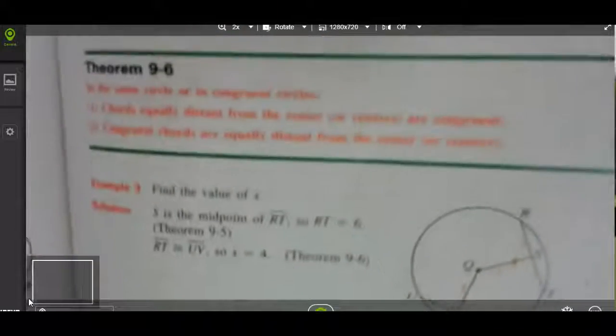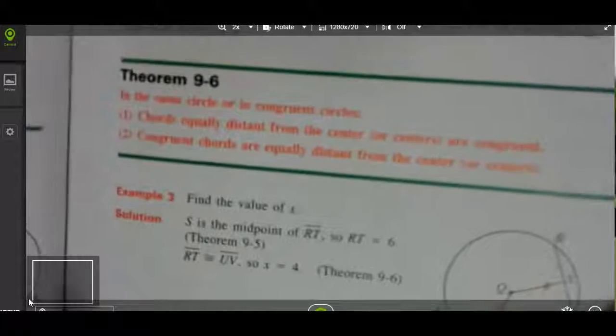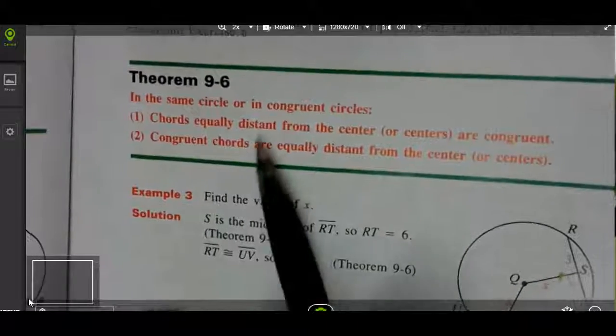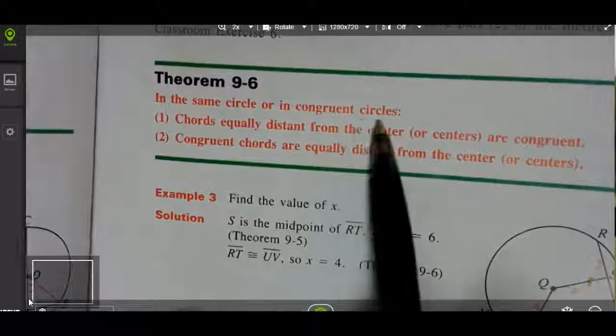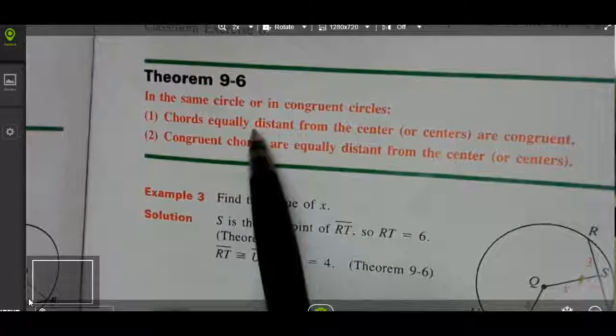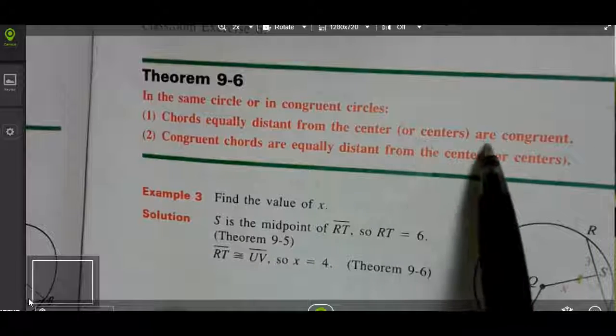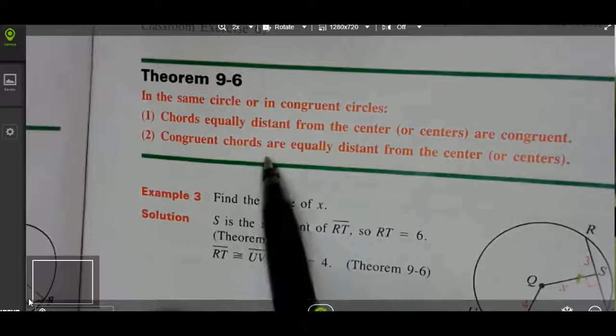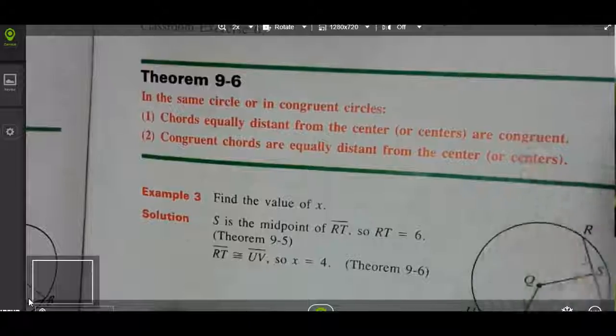All right, the other theorem says here, in the same circle or in congruent circles, chords equally distant from the center are congruent, and congruent chords are equally distant from the center.